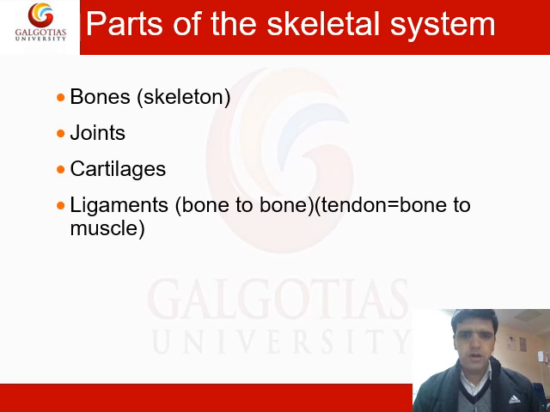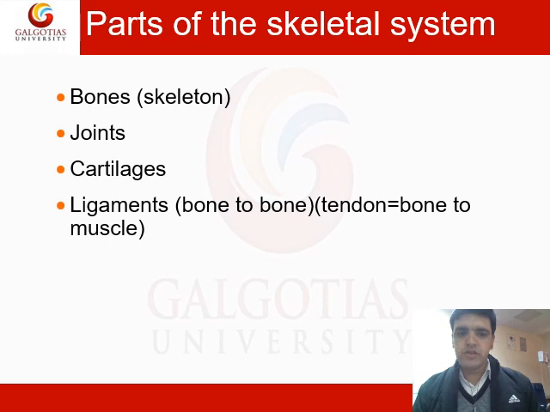What are the parts of a skeletal system? The skeletal system comprises bones, joints, cartilage and ligaments. Bones are the integral component of the skeletal system, and the human skeleton is comprised of bones itself.